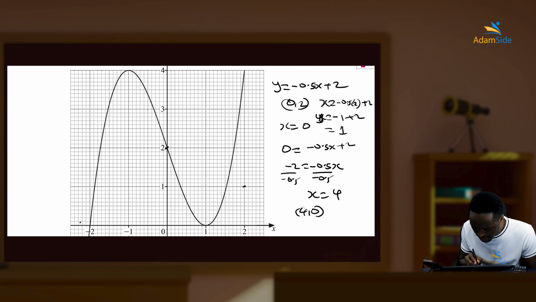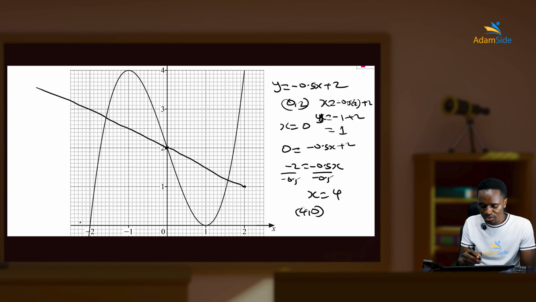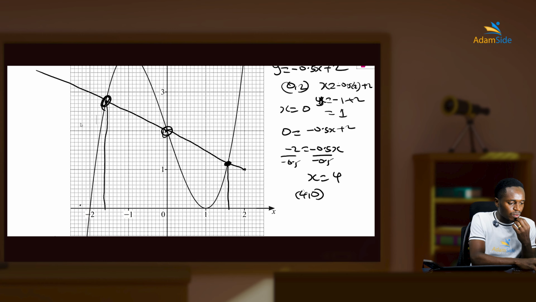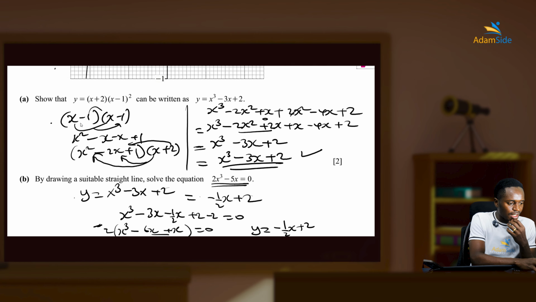And then you draw a straight line. It has to be straight all over. So the solution will be basically here, at this one and this one. These will be the solution of our answers.